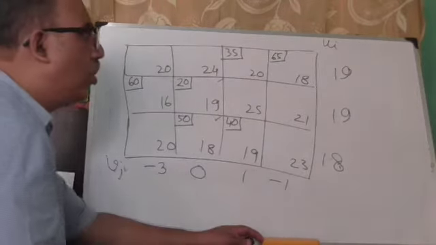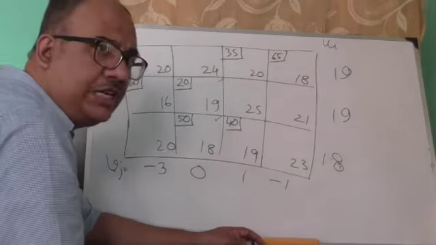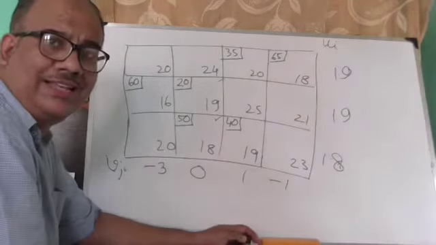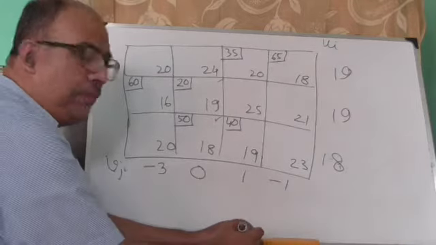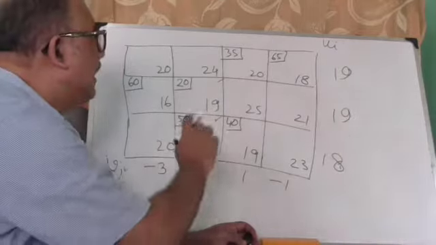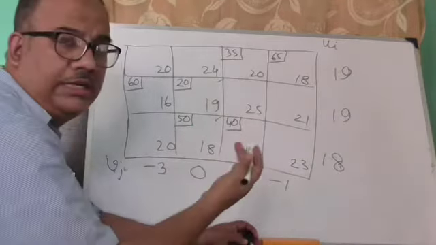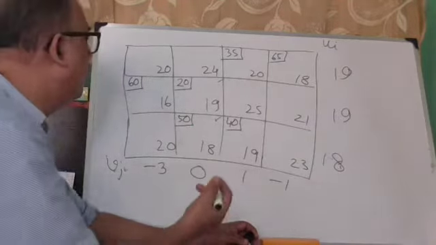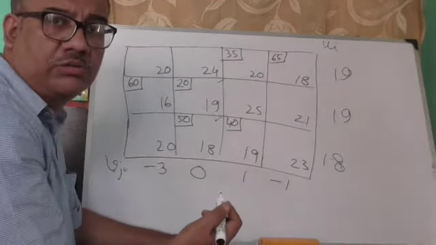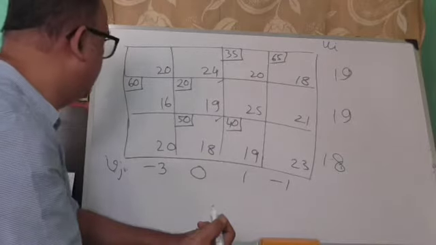So I have already got all Ui and Vj. Now I have to calculate Wij for non-allocated cells, and depending upon the Wij, we will decide whether the solution is optimum or not. So for Wij, the formula is Wij equals Cij minus (Ui plus Vj).